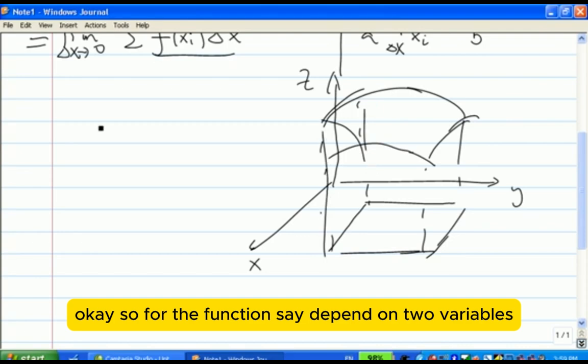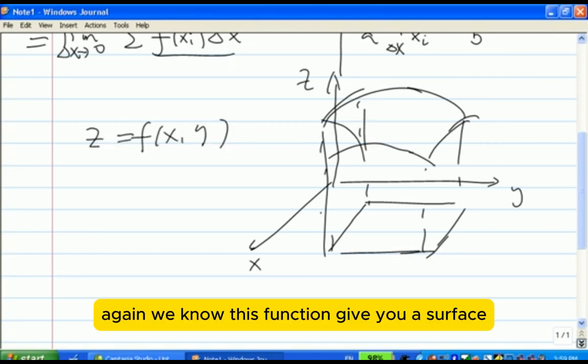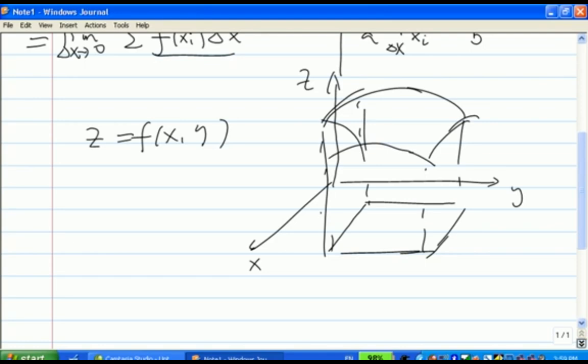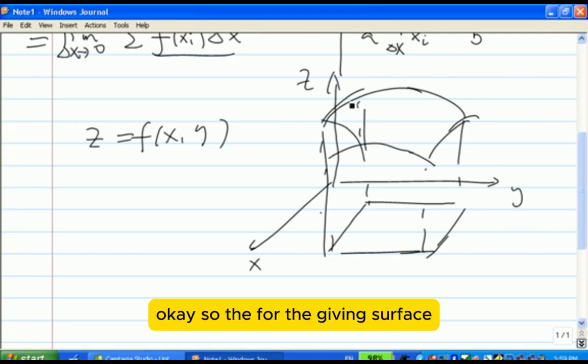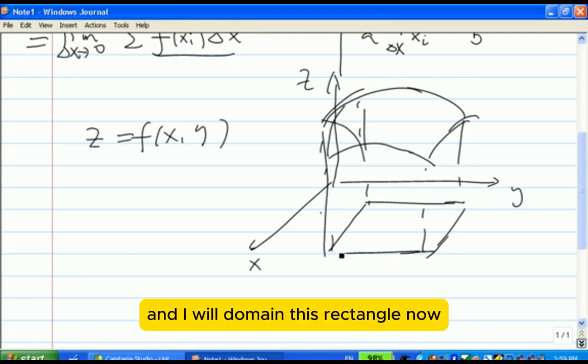So for a function that depends on two variables, again, we know this function gives you a surface. So for the given surface, our domain is this rectangle.